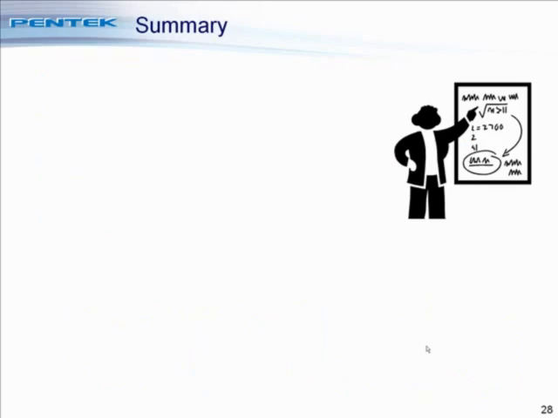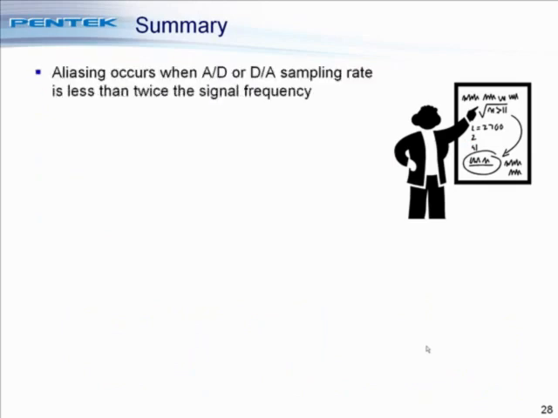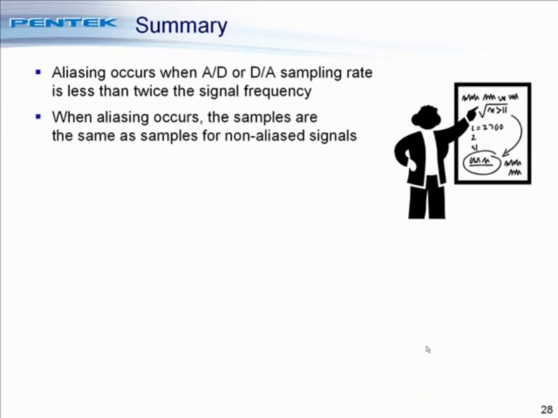So let's summarize what we've learned today. First of all, aliasing occurs when an A to D or D to A sample rate is less than twice the signal frequency. And when aliasing occurs, the resulting samples are the same as the samples for non-alias signals, hence the term alias.